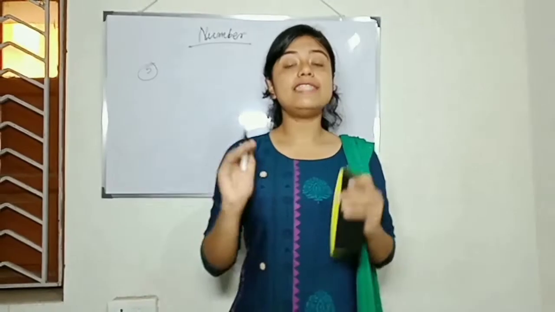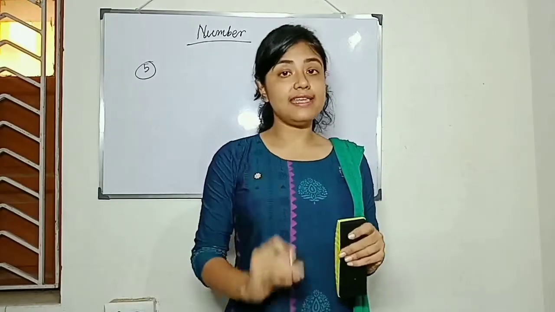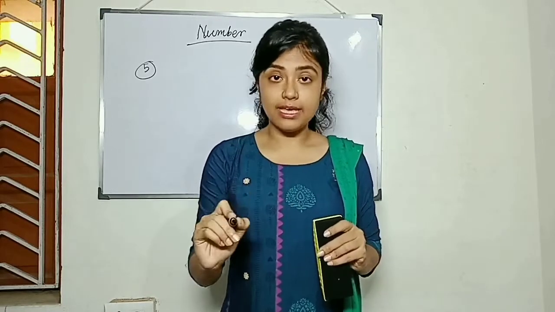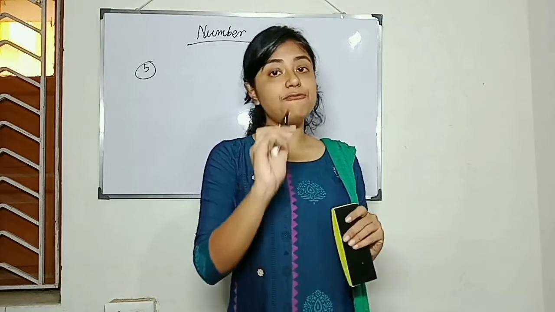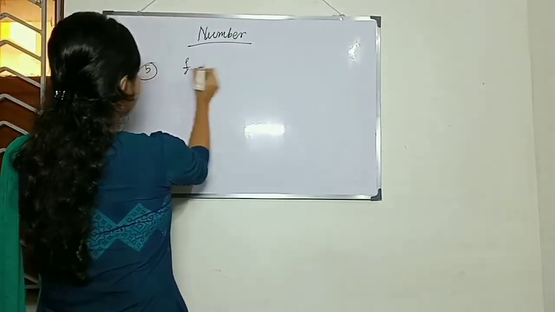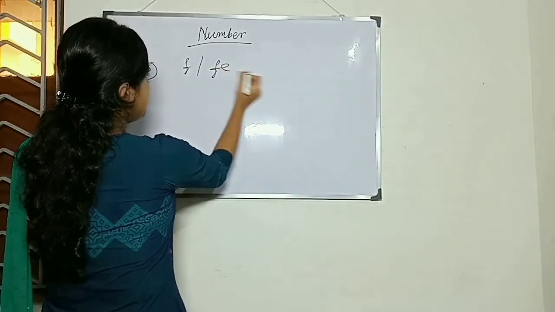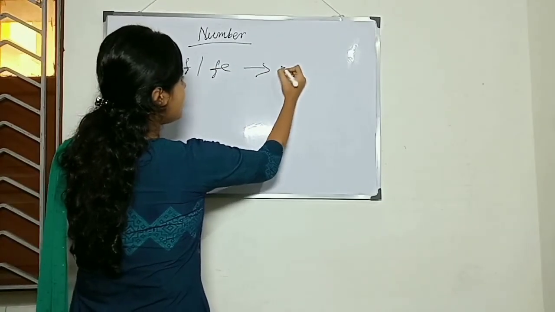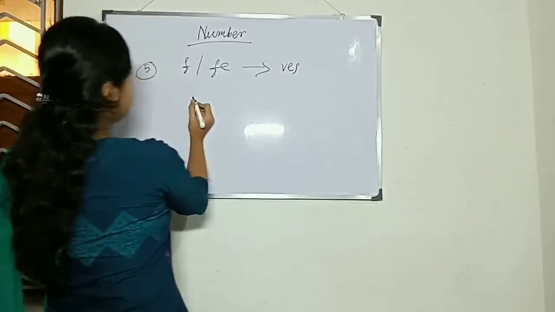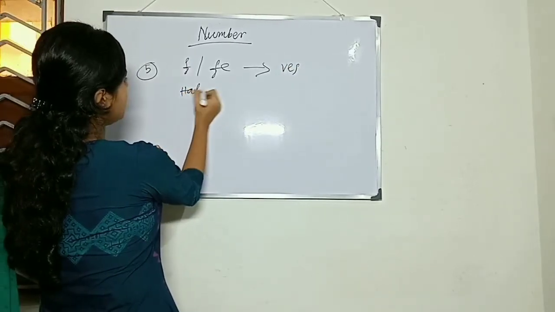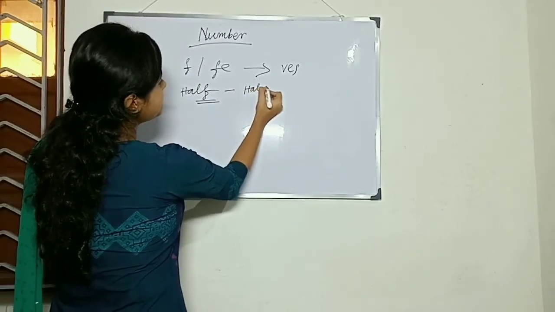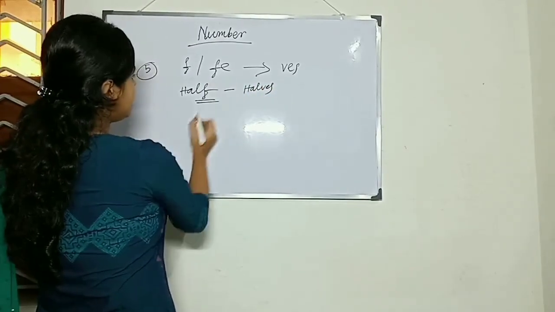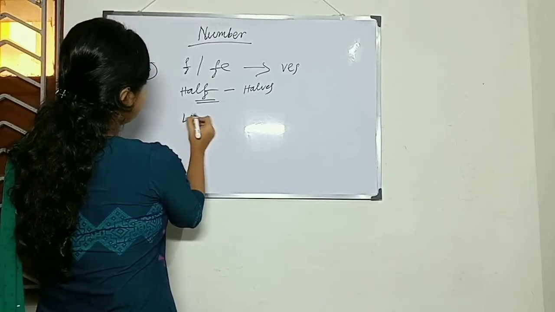Rule number 5. If the singular ends in F or FE, this F or FE will be replaced by VES. For example, half. Ends in F will become halves. Then life.